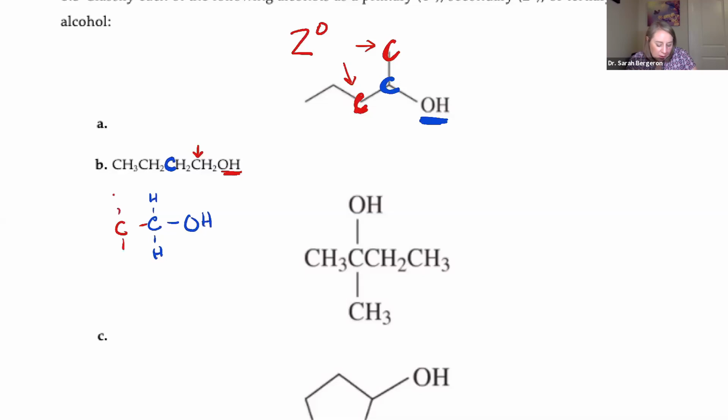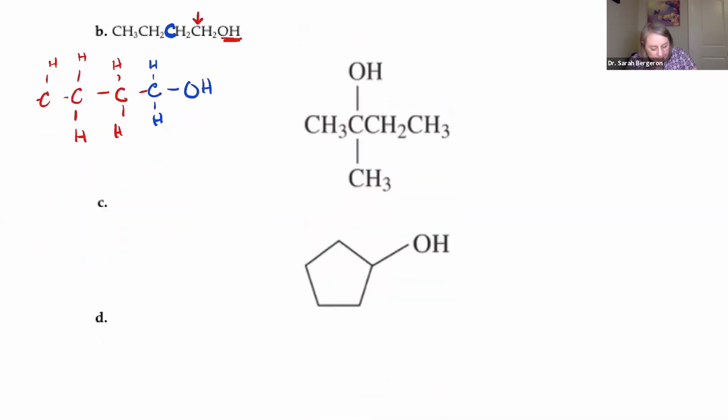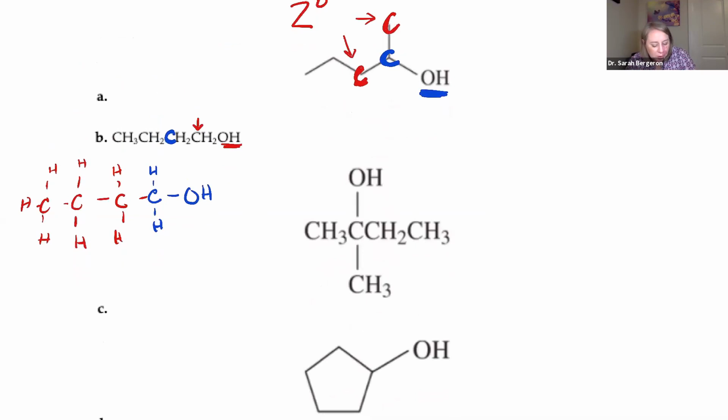So you have a carbon, there's your hydrogen, and then another carbon, and then another carbon. And this one needs 3, and I'm running out of room. What you can see is that there is only 1 alkyl group attached to my carbon that's attached to my alcohol. So that is a primary alcohol, that's B.